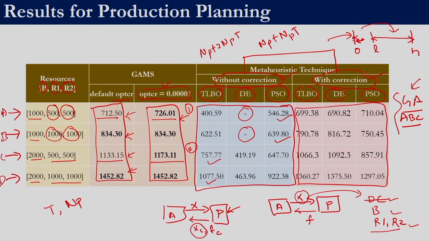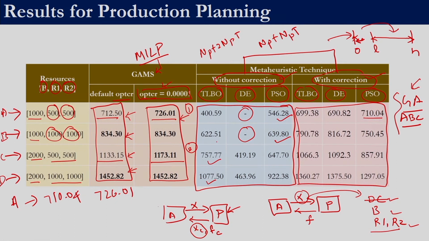And these are the results with respect to the correction approach, right. In this case we had also previously seen that the correction approach gives a better solution than without correction, right. For case A, the best solution that we obtain from metaheuristic techniques is 710.04, whereas what we obtain from the MILP formulation, that is, when we say GAMS, it is the MILP formulation which we have discussed solved with GAMS, is 726.01, right.